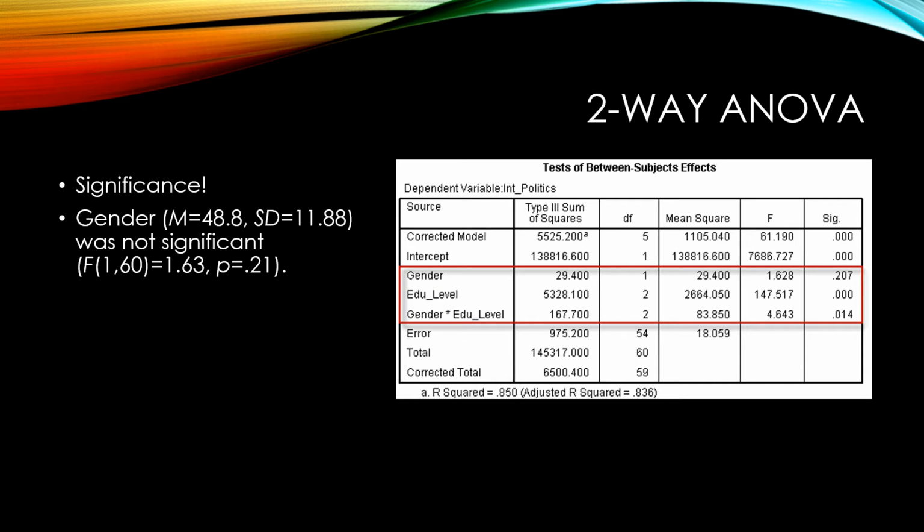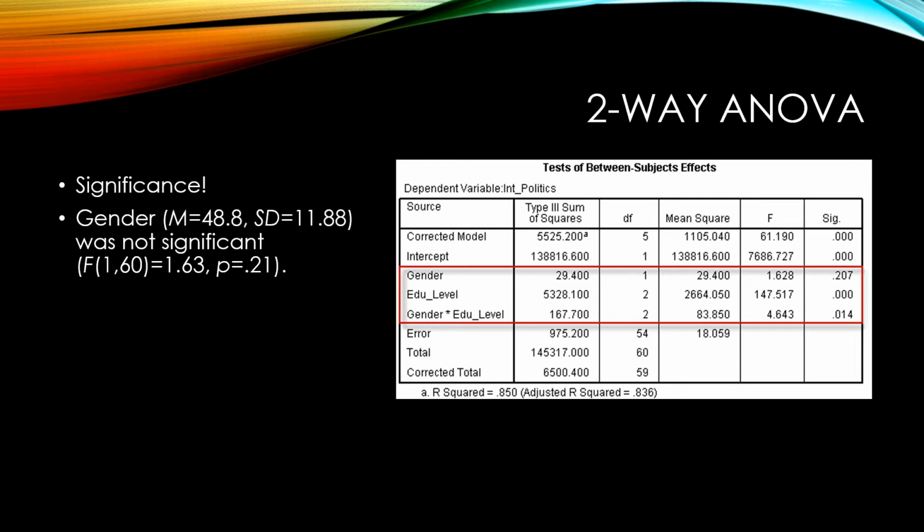So you're going to put the variable, its mean and standard deviation from that descriptives table, and then the F value, the degrees of freedom, and for F values, that's the degrees of freedom that you have for the variable, and then the total degrees of freedom.